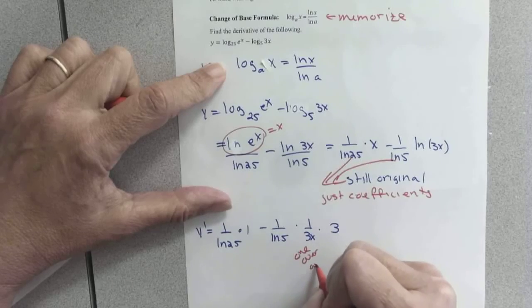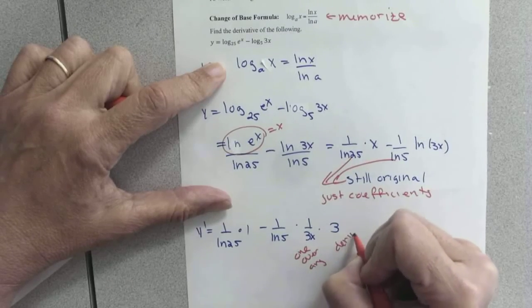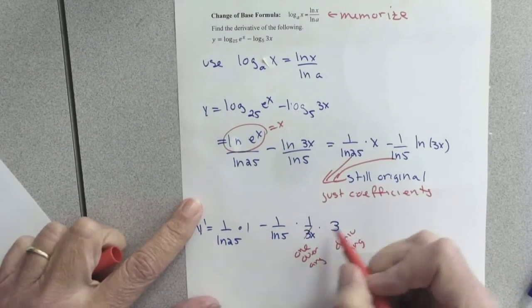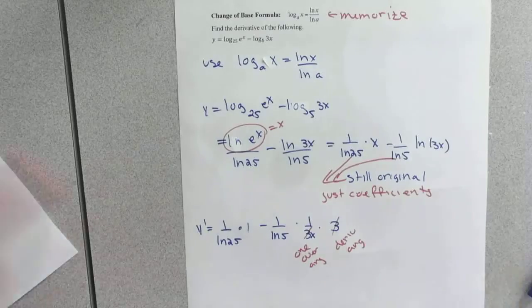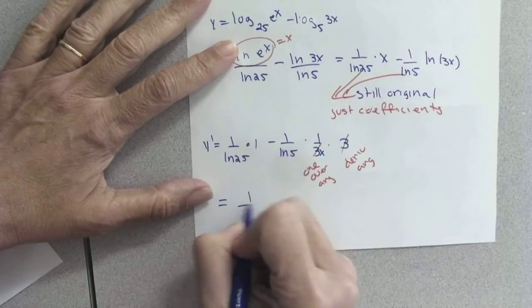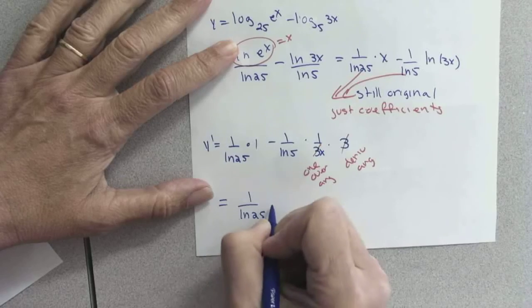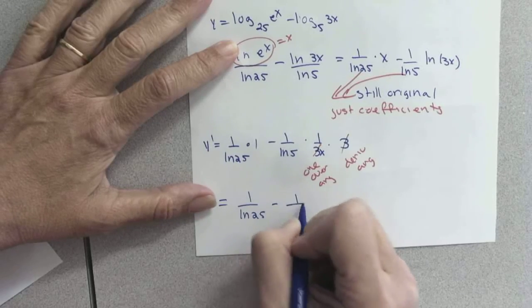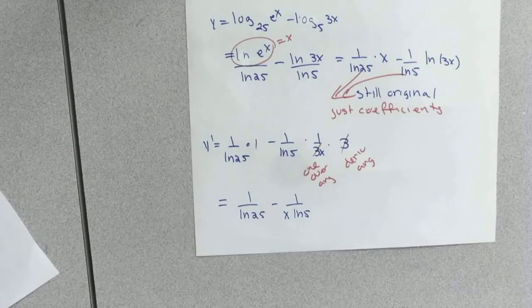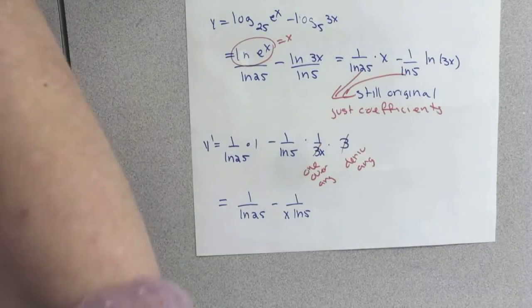The 3's cancel. And so a wonderfully pretty answer: 1 over the natural log of 25 minus 1 over x natural log of 5. And that's a good enough answer.